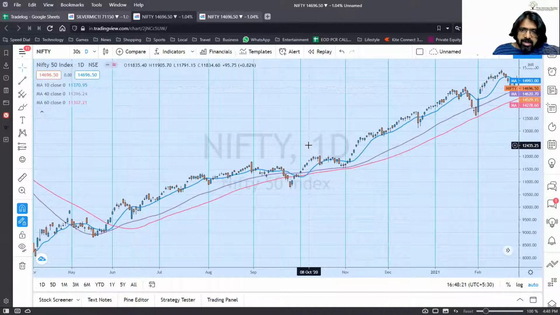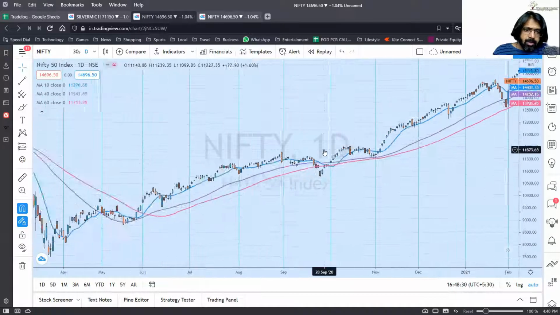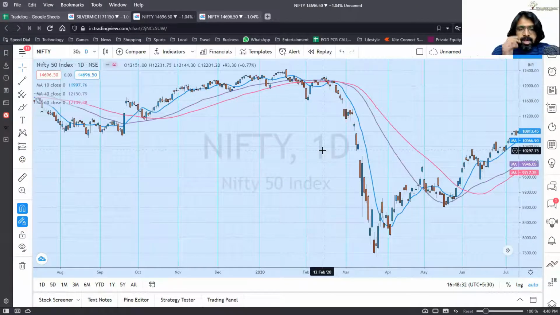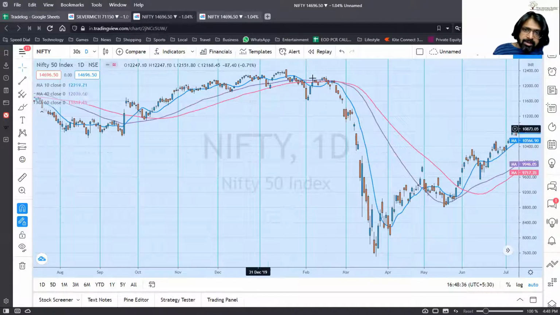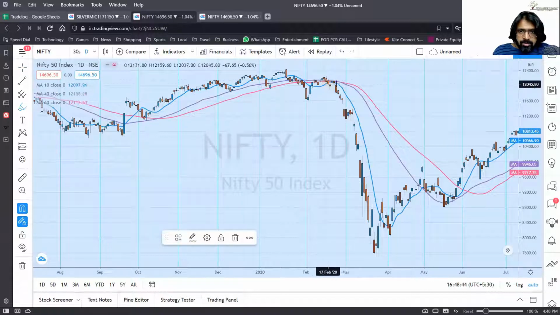these averages are wide. Okay, your 10 is far away from purple, which is 40, which is far away from 60. But before every major move, okay, you will see that these averages, they all converge at a particular point. Okay, like this.